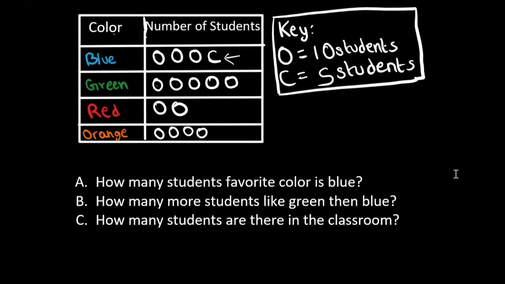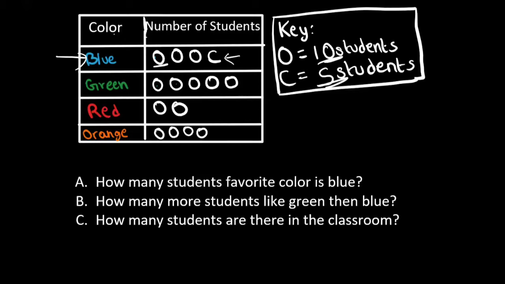It asks, how many students' favorite color is blue? One whole circle is 10 students and a half circle is 5 students. The blue color is right here.